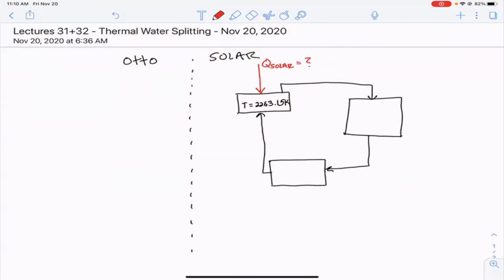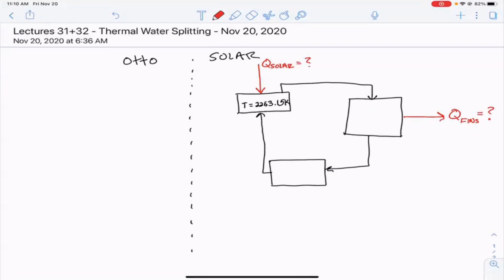Okay. And so then moving clockwise, obviously this box here is a representation of the fins. Okay. And so we have Q fins, and we also don't know what that is.